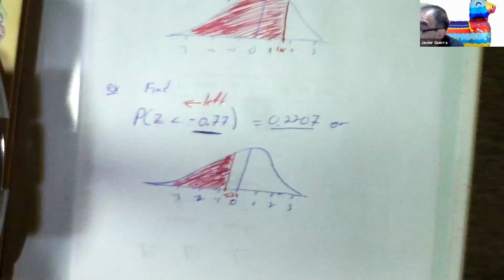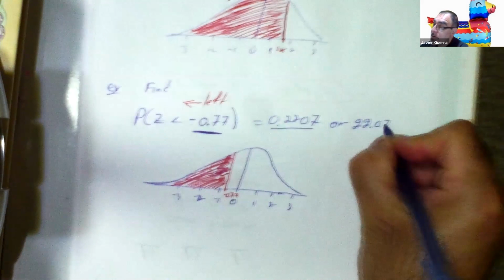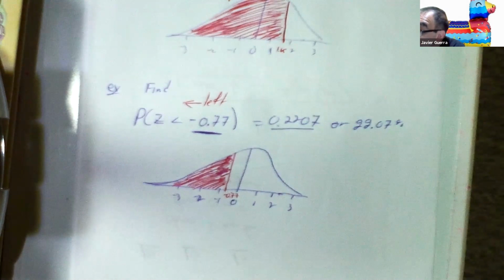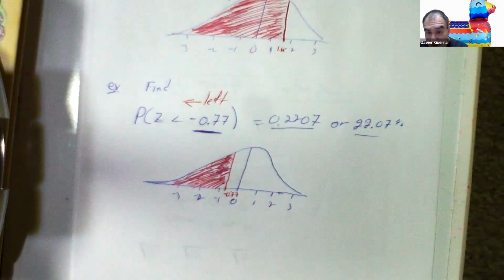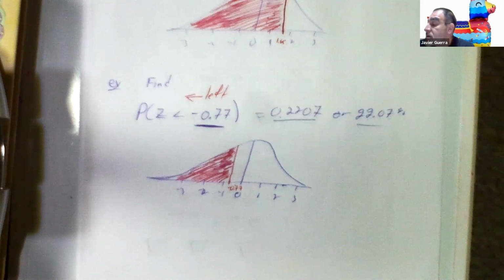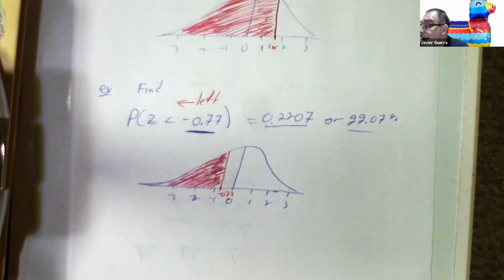Or you can write it as a percentage, 22.07%. Either or, ladies, you choose whatever you like. Now, if you're going into medical, I would suggest that you do the percentage. That's just my thinking.